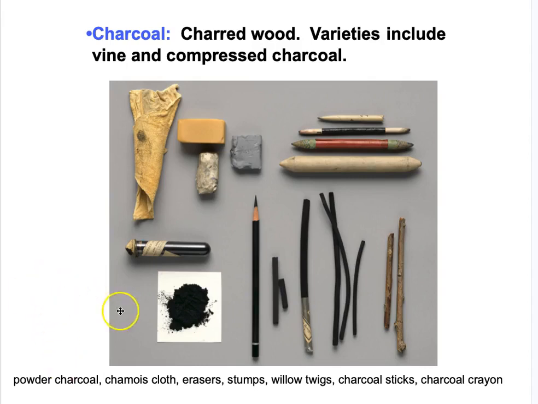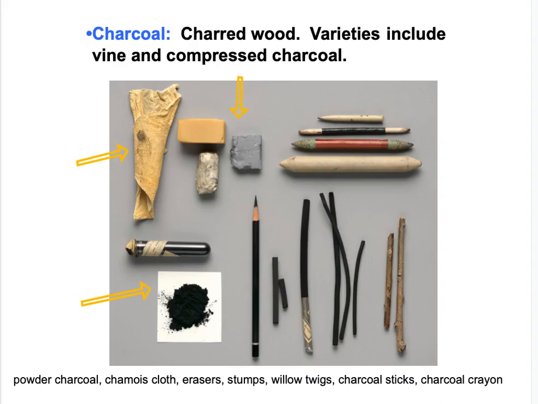So let's look at some of these materials. We have, as I said, powder charcoal here and here. We have a chamois cloth right here. This can be leather, and it's something you wrap around your finger as you're working, especially with that powder. You can blend it and smear it together. You have erasers.